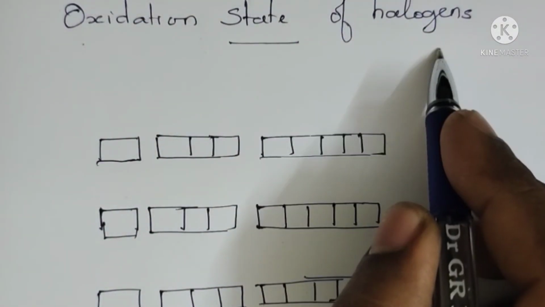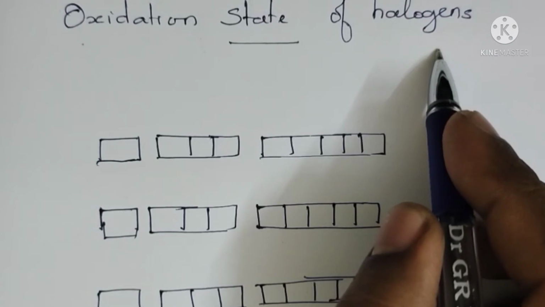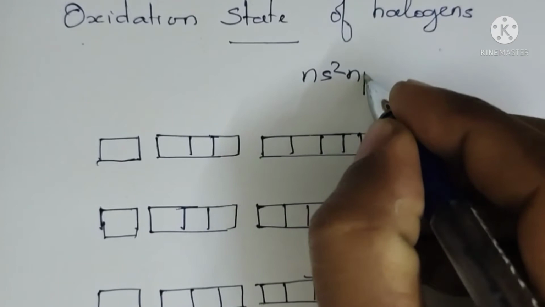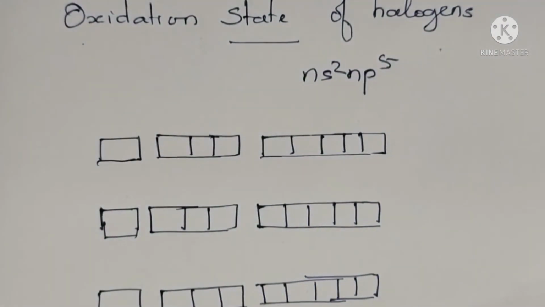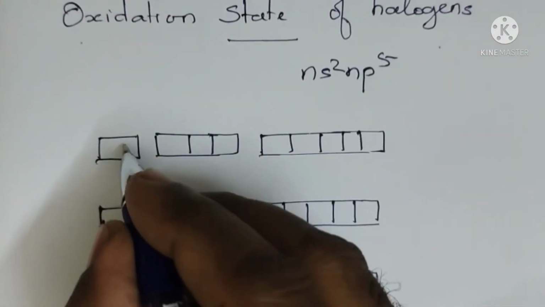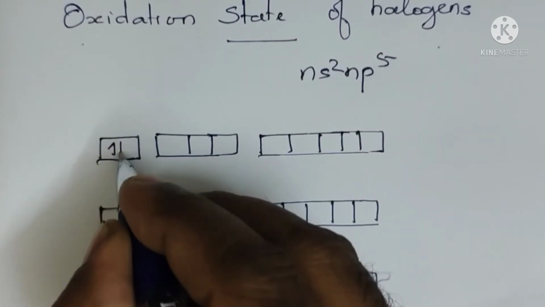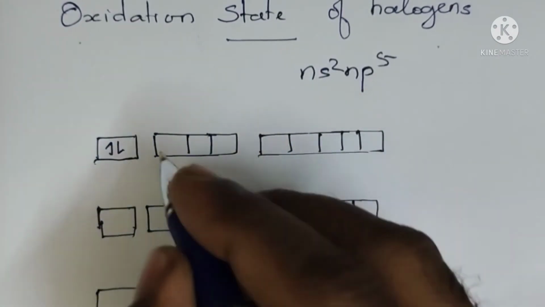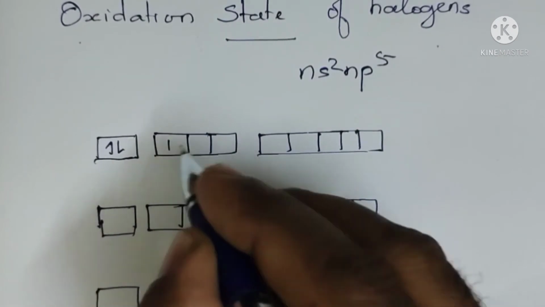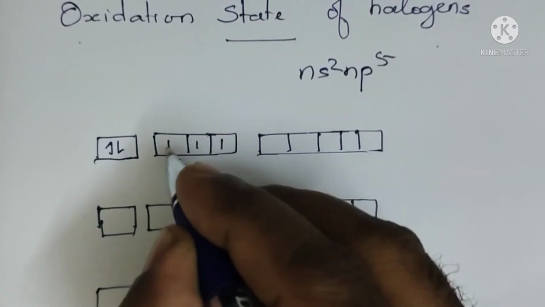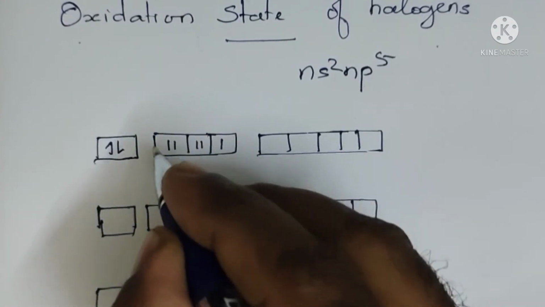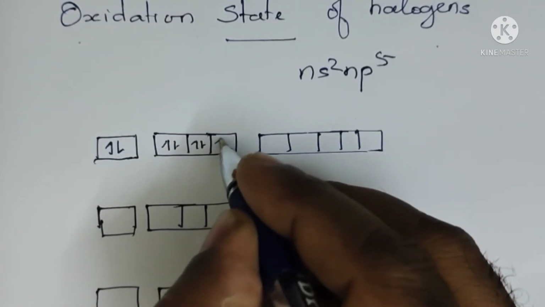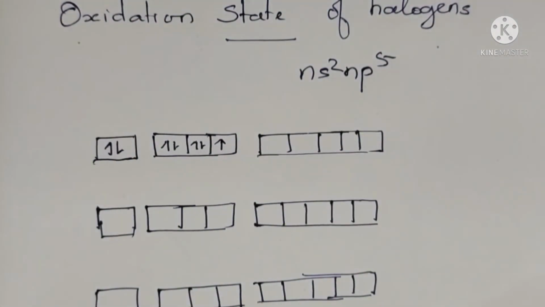We know halogens in their outermost orbital contain ns2 np5 configuration. That means the s orbital contains 2 electrons, the p orbital contains 5 electrons. That means 1, 2, 3, 4, 5. Here 5 electrons are present in the p orbital.